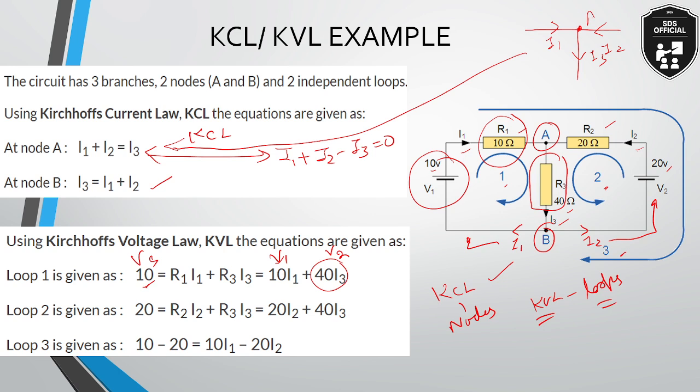There are three loops: loop number 1, loop number 2 and loop number 3. Apply KVL and just understand, are you getting these equations? Equation number 1, 2 and 3. Are you getting these equations? Yes, sir. Any doubt? No, sir.